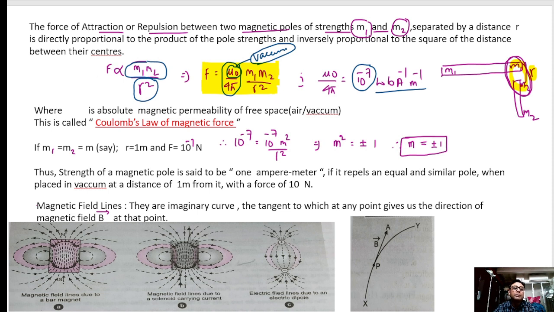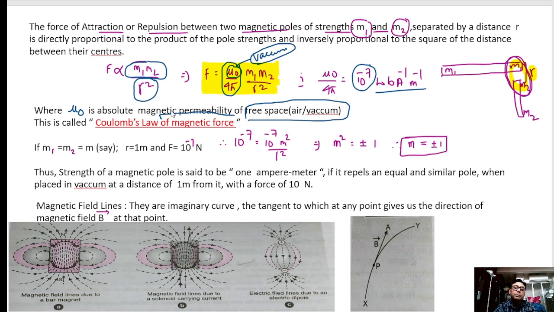And please remember, we are using mu 0 here as the magnetic permeability in free space, vacuum or air.